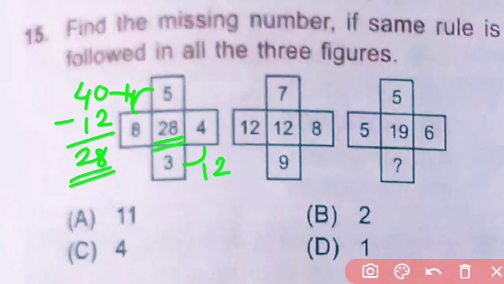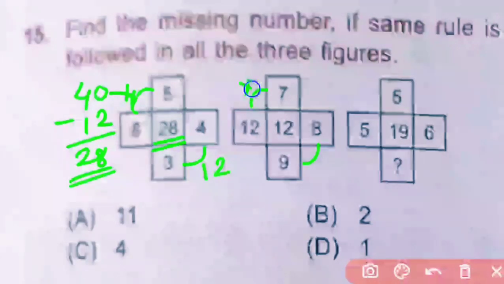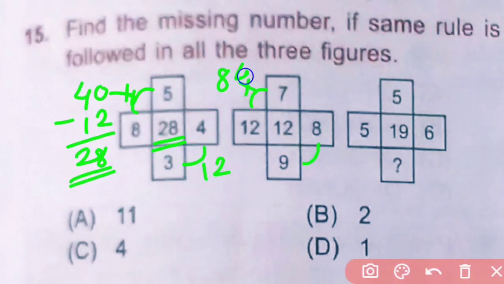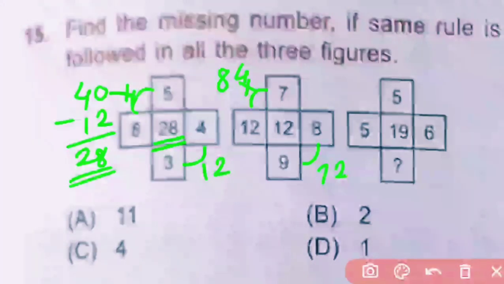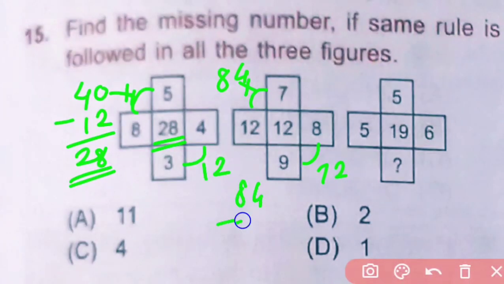Here also 12 into 7 minus 8 into 9. 12 into 7, 84. And 8 into 9, 72. 84 minus 72, 12. Here 12.